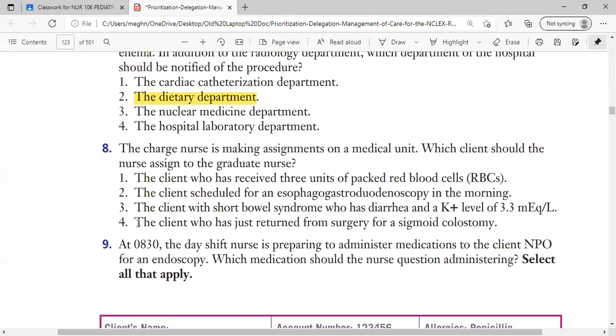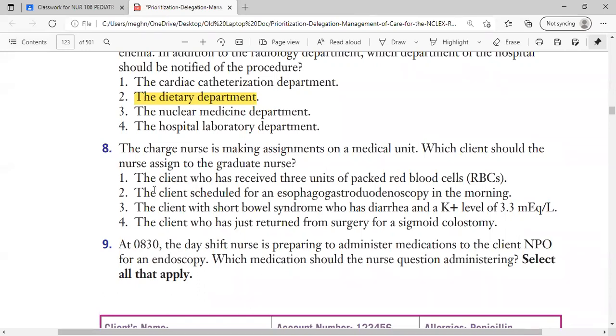Number 4, a client returning from surgery with a sigmoid colostomy is at risk for postoperative complications and should be assigned to a more experienced nurse, not a new nurse.